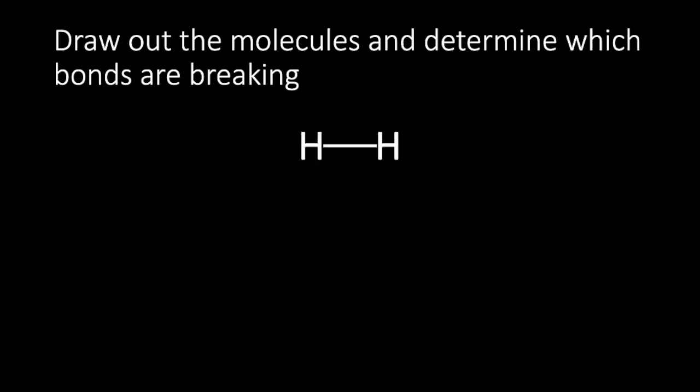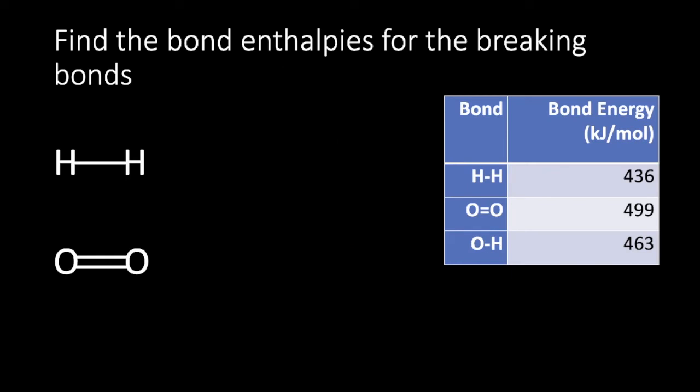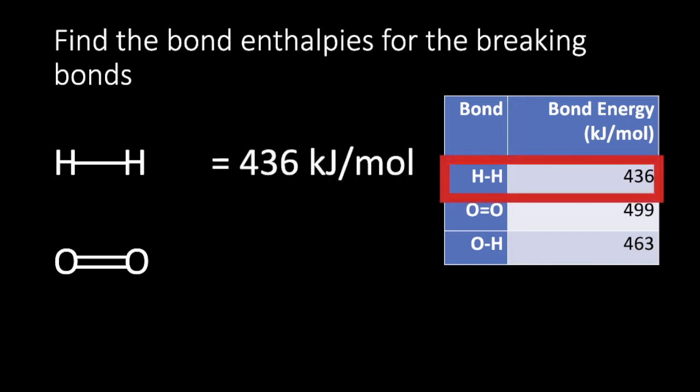If we Lewis structure out the molecules in our equation, we'll see that we have at least one hydrogen-hydrogen single bond and at least one oxygen-oxygen double bond. We are going to go to our table and look up the bond enthalpies for these types of bonds. Now, we see that the bond enthalpy for H-H bonds is 436 kilojoules per mole.